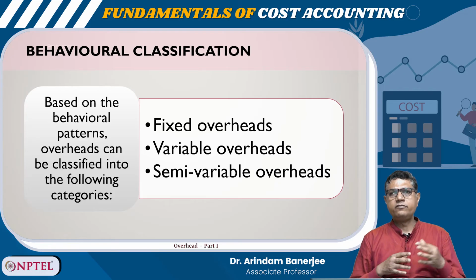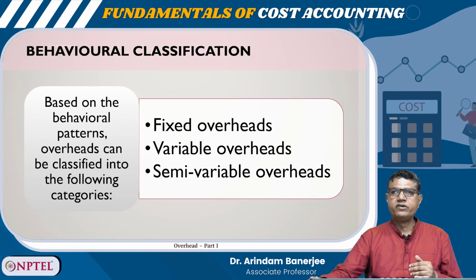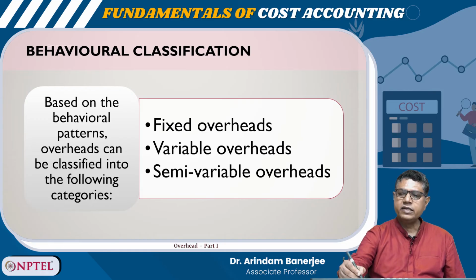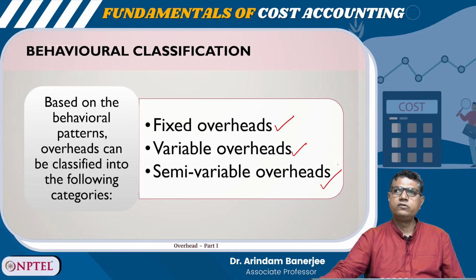There is another way of looking at it, where we can classify the total overhead on the basis of their behavior. So, we can classify based on the behavioral patterns under majorly three categories. The first one is the fixed overhead, second one is the variable overhead and third one is semi-variable overhead.